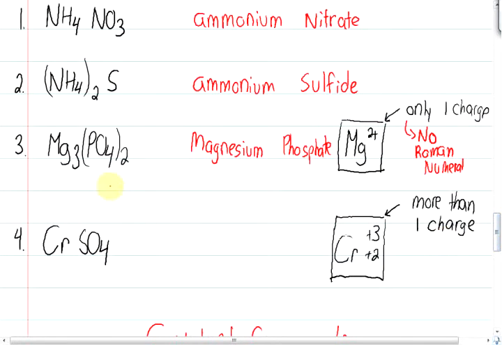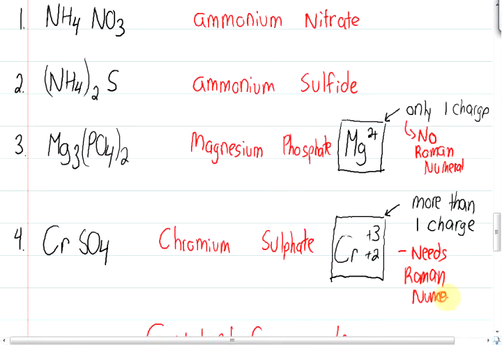For my next example, CrSO4, Cr is chromium. SO4 is sulfate. Chromium, when I look it up on my table, it has more than 1 charge. This guy needs to have a Roman numeral. To decide which Roman numeral to use, I need to look at sulfate.